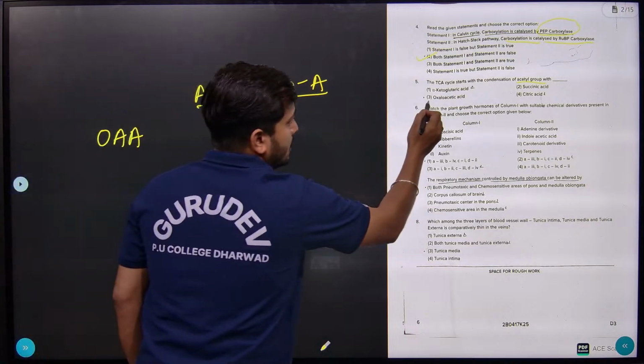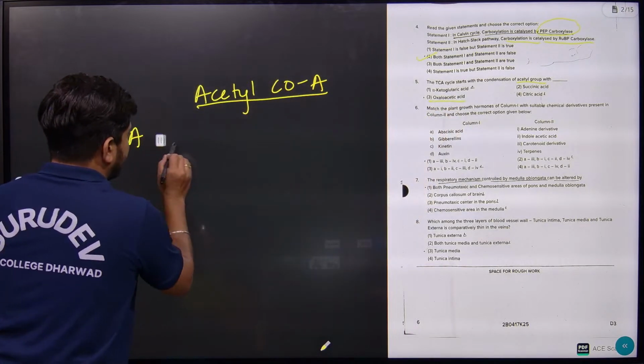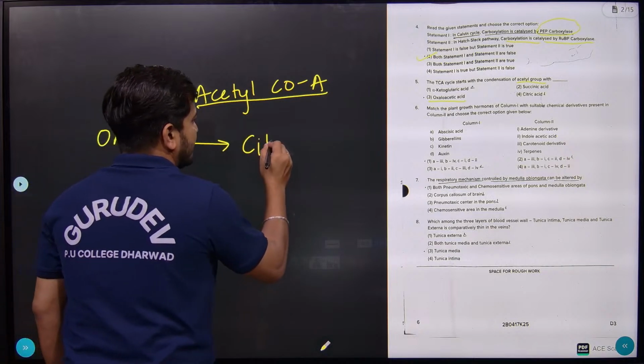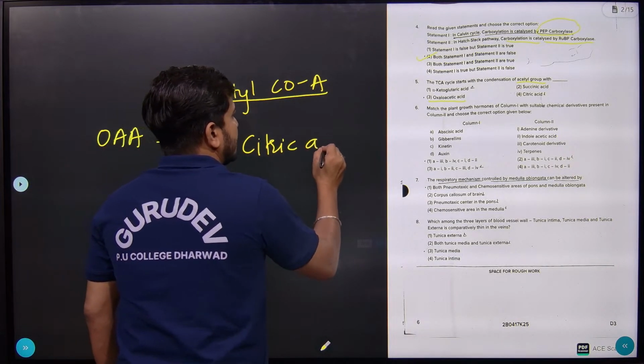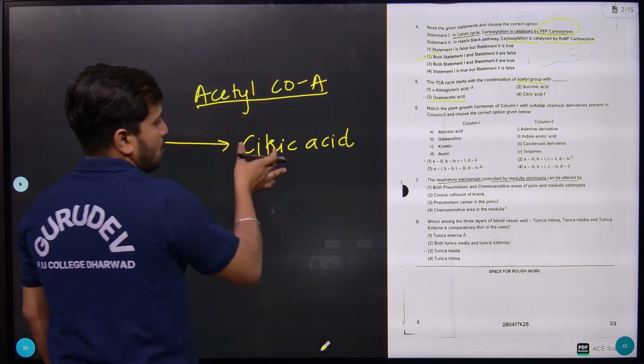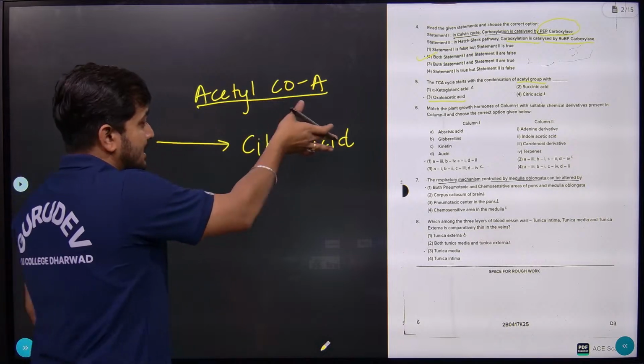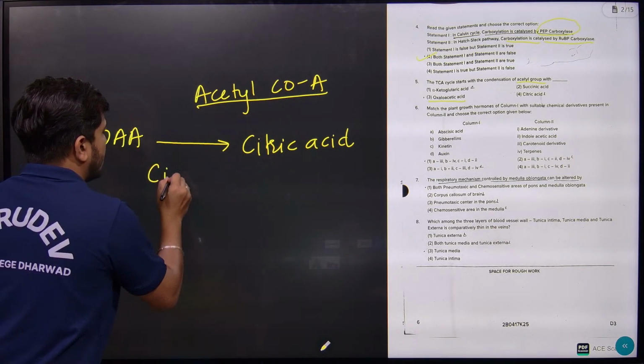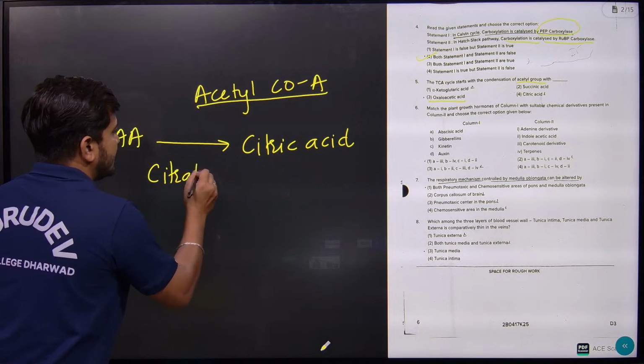With respect to oxaloacetic acid, it will then convert into citric acid, that is tricarboxylic acid, which we call citric acid. Which enzyme comes here? Citrate synthase.